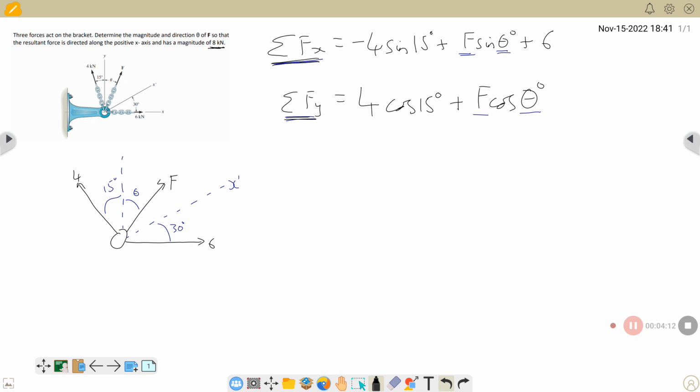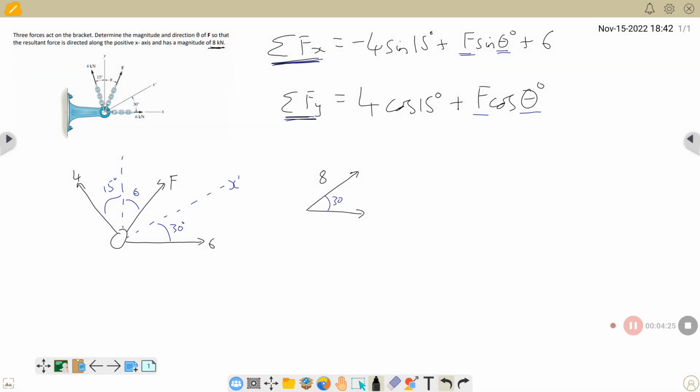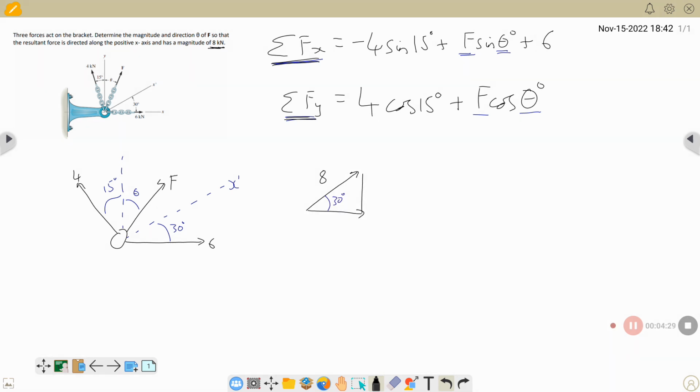So we could diagrammatize this. We can say the resultant force acting on the bracket here has a magnitude of 8, has a direction of 30 degrees with the horizontal, and its components are what we've defined above, right?